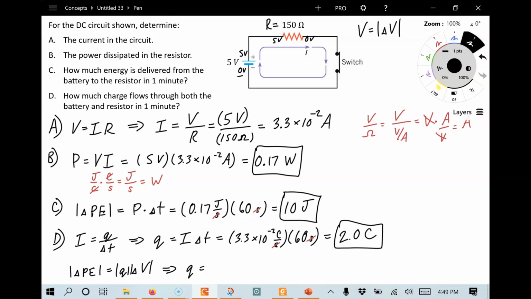But we can just say Q is equal to the amount of energy divided by the voltage, the electric potential difference of the battery. In that case, we have 10 joules divided by the voltage, which is 5 joules per coulomb. I'll use those units. We'll cancel out our joules, and 1 divided by coulombs becomes coulombs, and so again we get the exact same answer. Just another way to look at that.